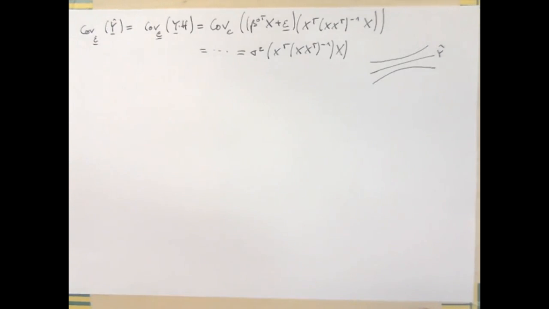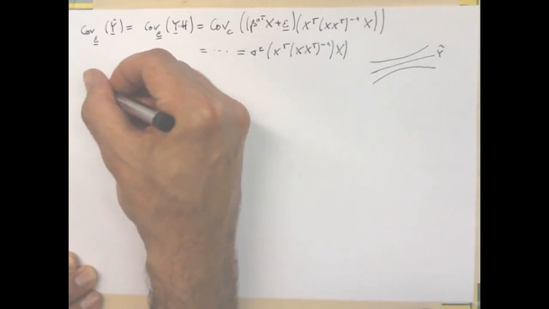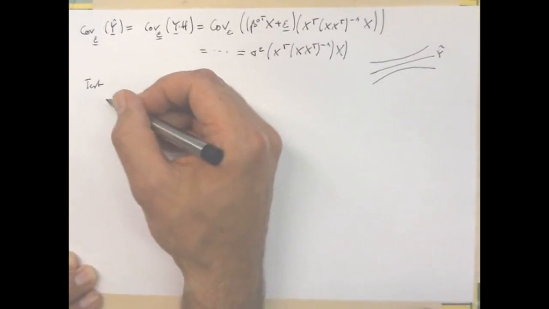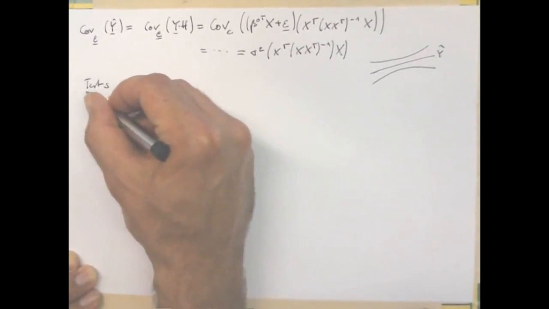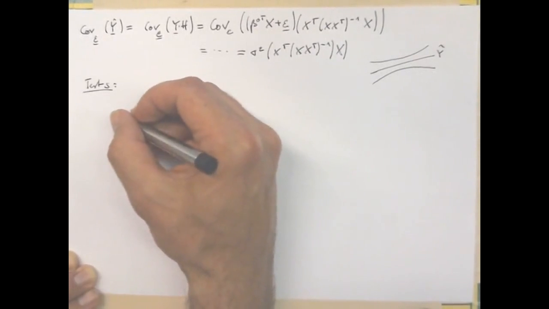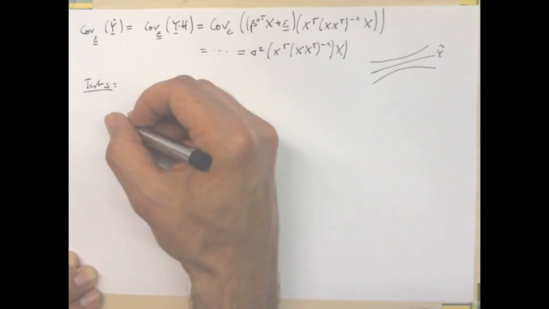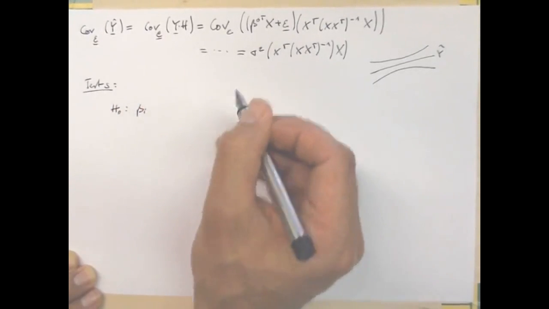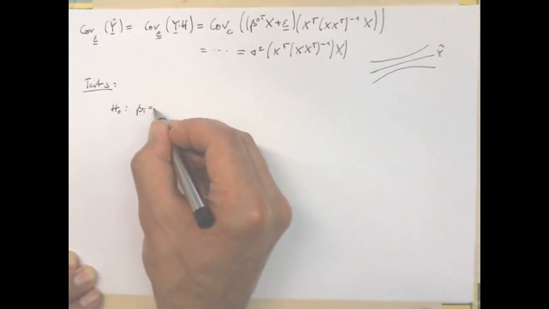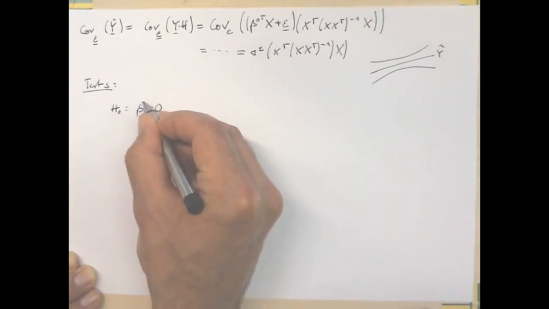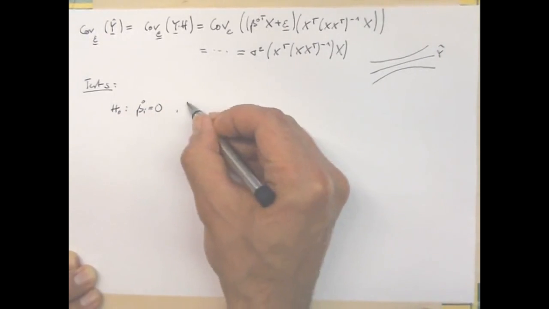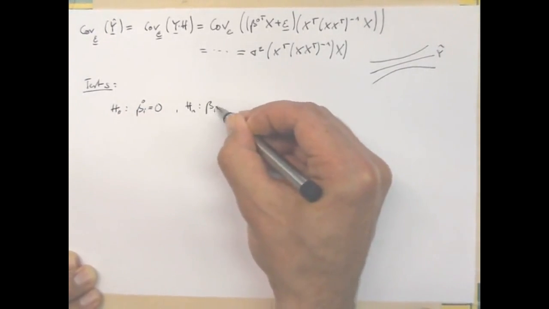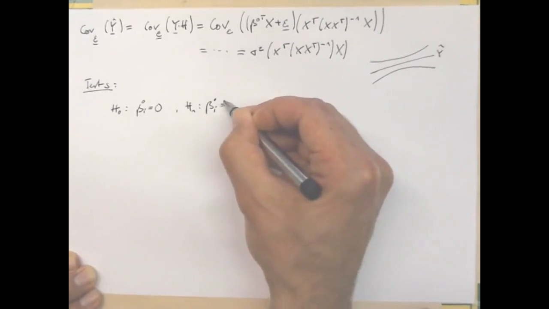Okay, now a word about whether parameters are significantly different from 0 or not. For example, you can look at the following: the null hypothesis that the parameter associated with the ith variable is in fact 0, or the alternative hypothesis that it is different from 0.